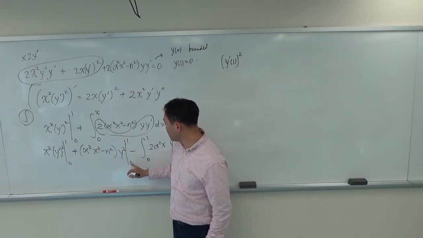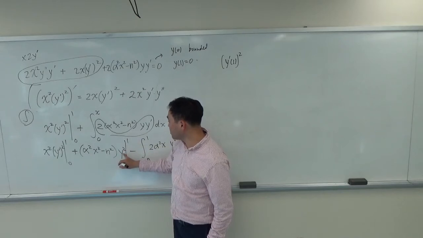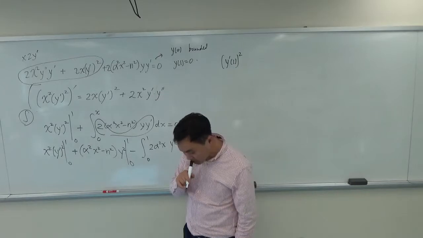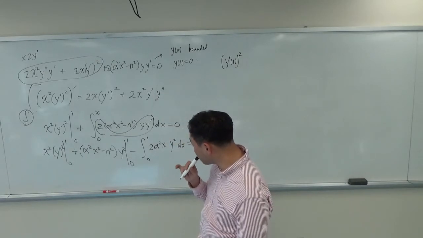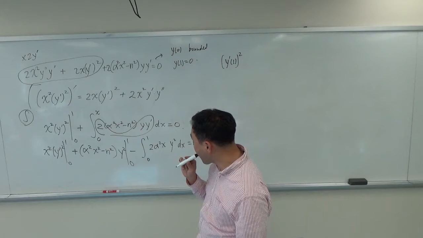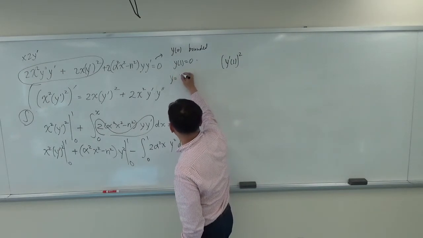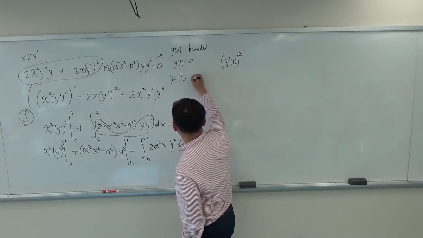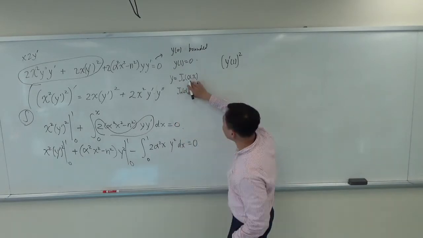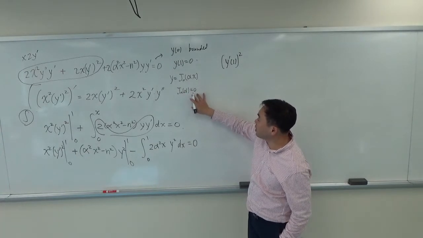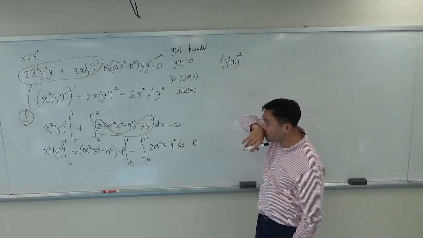This will be, when you plug in 1, it will be 0. And then when you plug in 0, that's going to be a problem. We have y of 0. Now we know that y is really jn of alpha x, where jn of alpha is 0 because alpha was really the mth zero of jn.